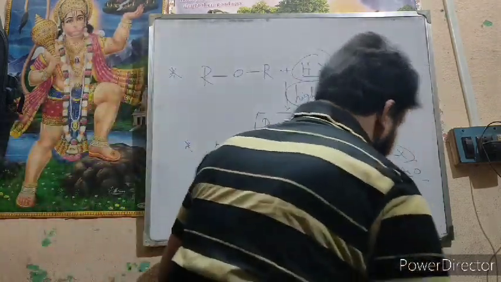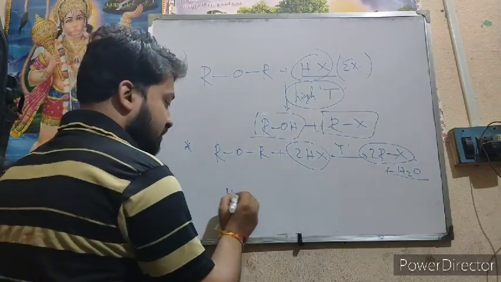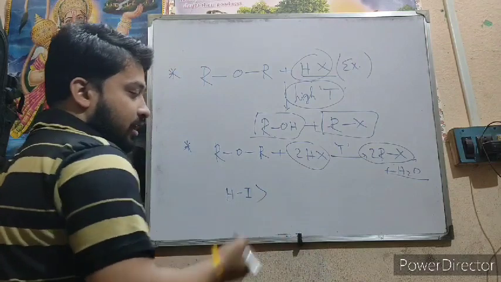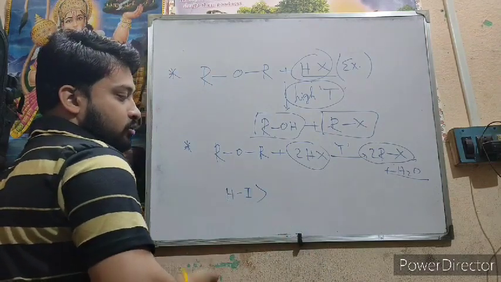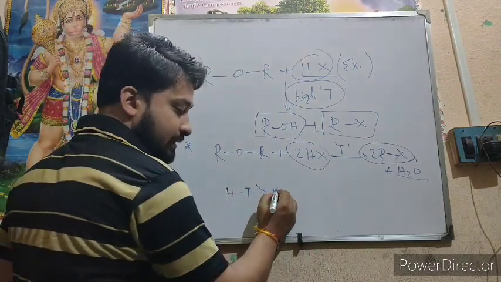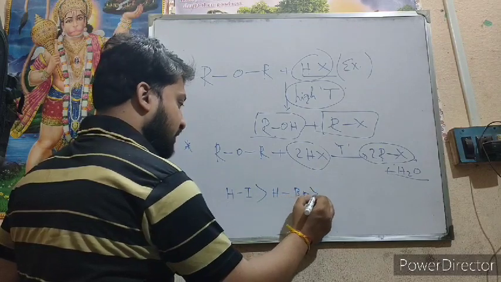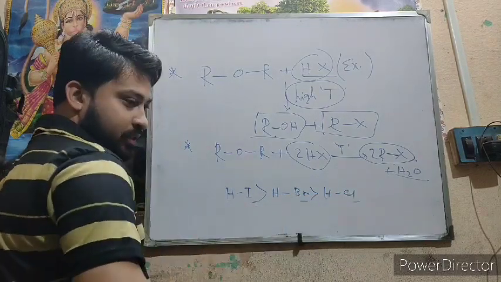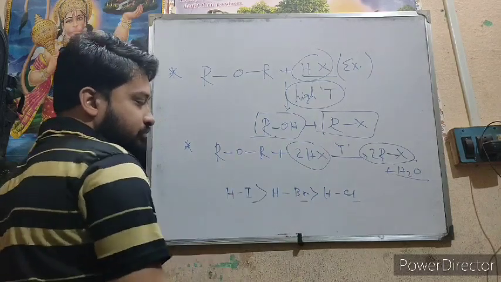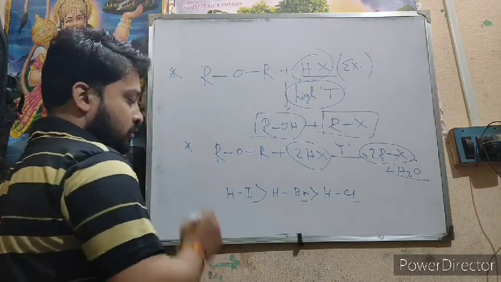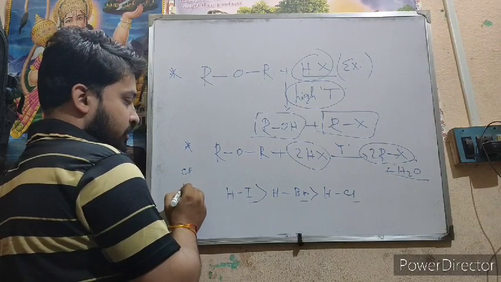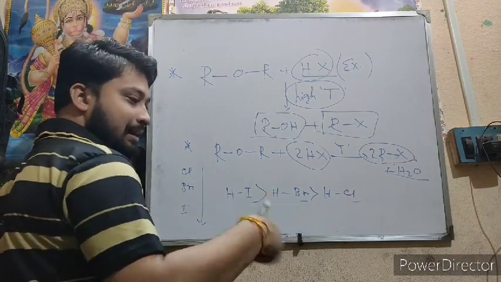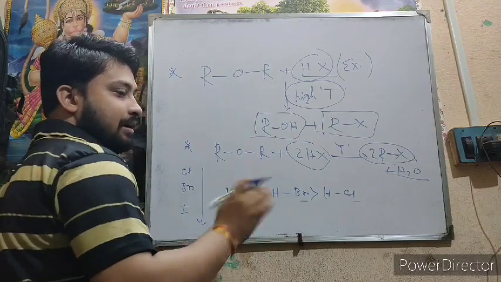Now the second is the order of this reaction, the bond length. Where the bond length is high, this reaction is very fast. So as we know, the HBr and HCl, if we compare Cl, Br and I down the group in the periodic table, the distance of radius is increasing.